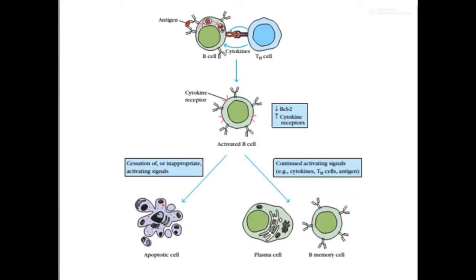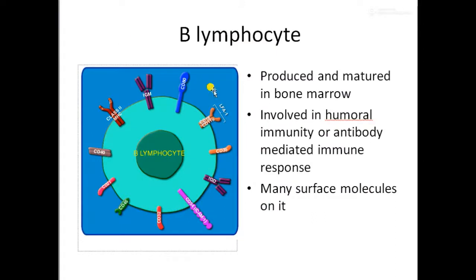The B lymphocyte is produced as well as matured in the bone marrow. This we had mentioned earlier. When it becomes mature, it contains all the receptors needed for its function. It will have antibodies attached to it, different class 2 MHC molecules, as well as different receptors constituting the B cell receptor complex present on the B lymphocyte.